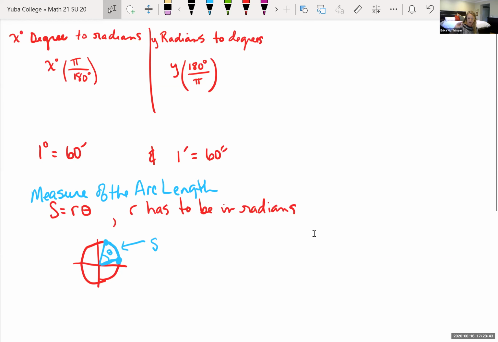But a lot of times when you're converting from degrees to radians, you do have that pi in there. I'm sorry, I said R has to be in radians. It should be theta has to be in radians. So your angle has to be in radian measure, not degree measure. And if it's given to us in degree measure, we're going to have to convert it to radian measure. Okay, thank you.